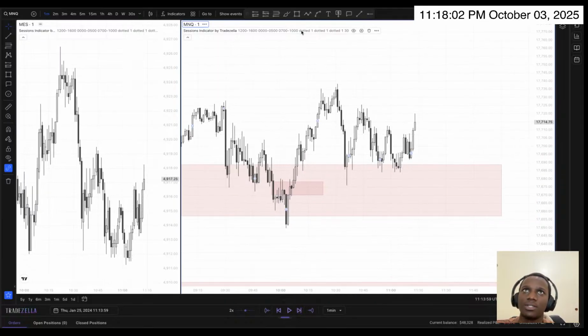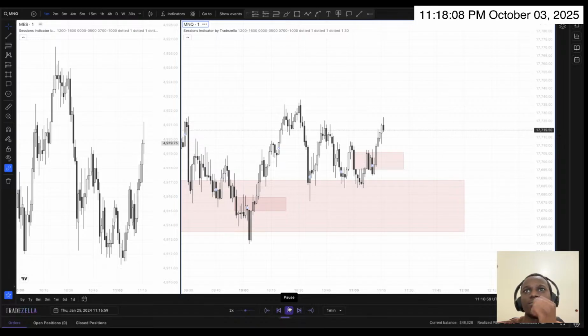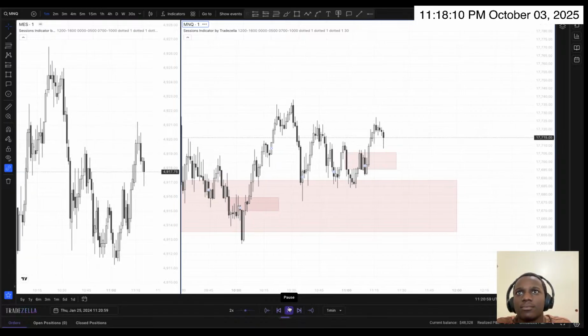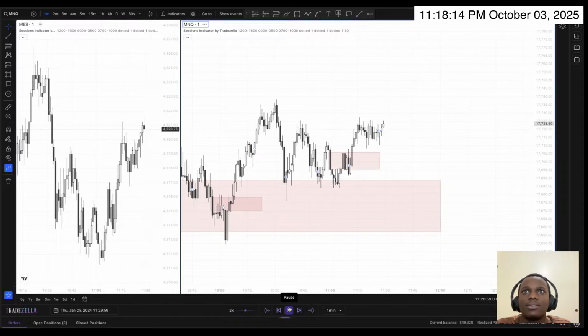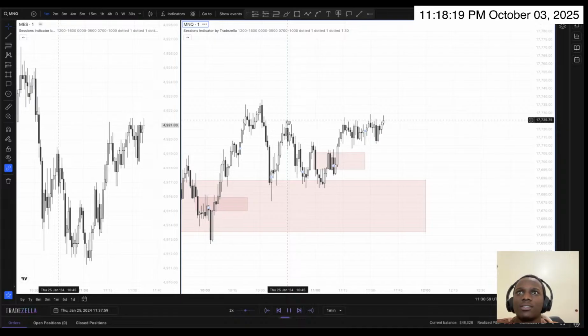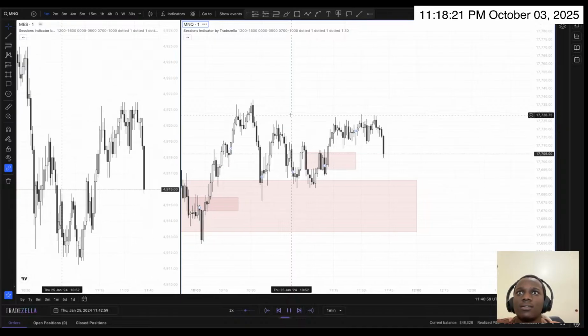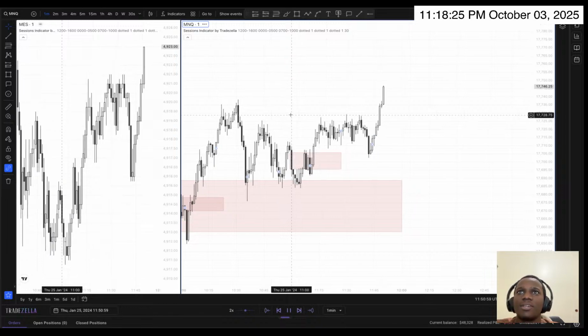Ooh, another inversion here. Let's wait and see if it delivers. Dancing around entry. If you take out these highs here, we can move to break even. There's the break even.